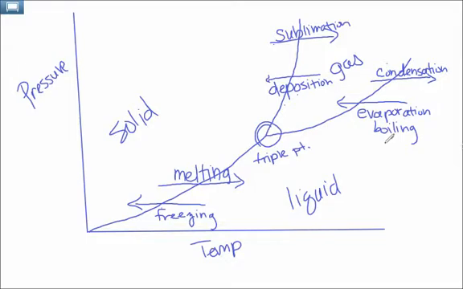You can use this to find melting points and boiling points. So let's say we want to know the melting point at this pressure. I would come across and come down, and here's the melting point right here, this temperature.